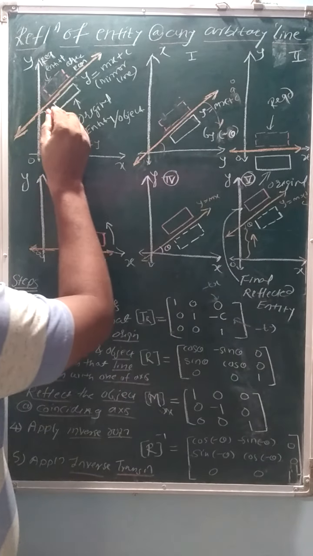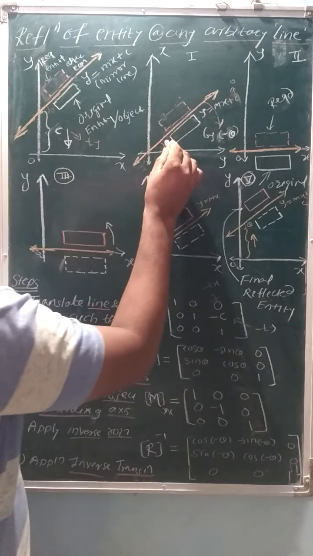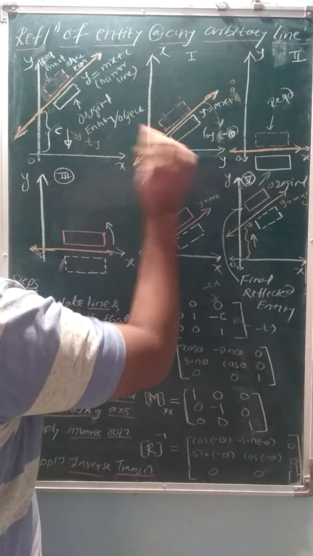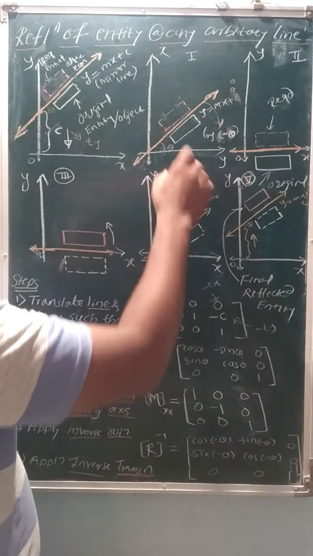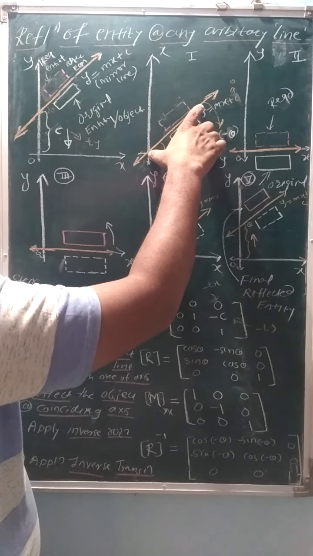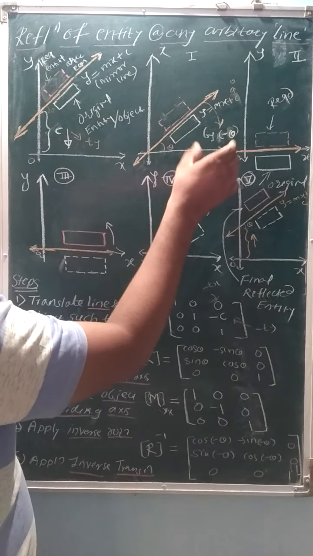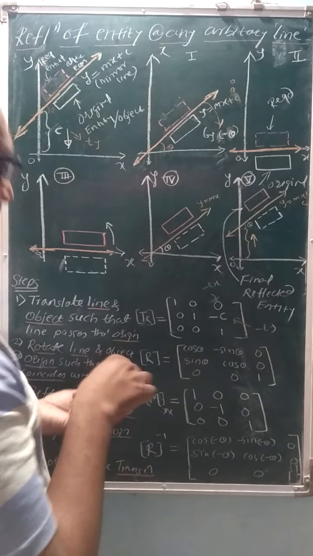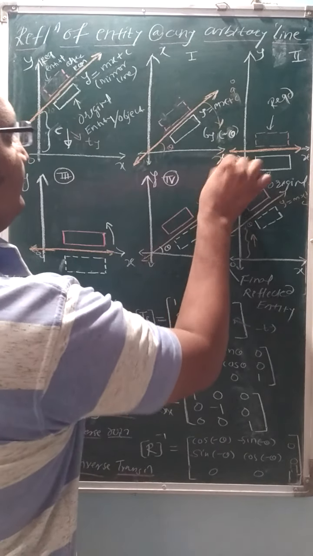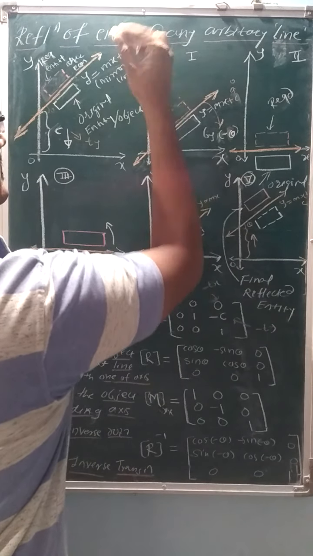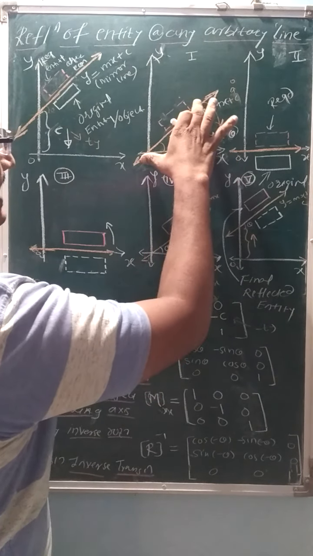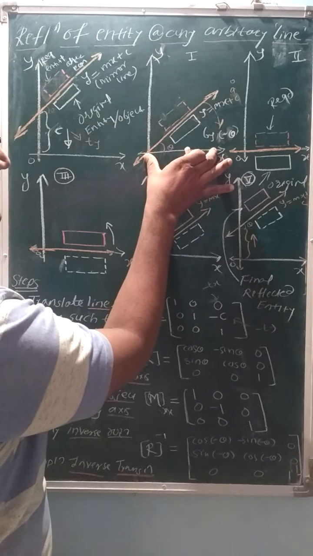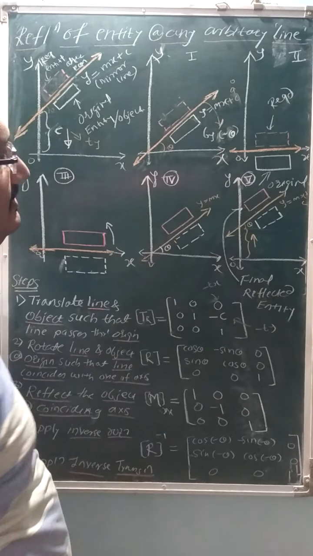The existing orientation of the line is theta. Now we are rotating this particular line about the x-axis, so that this line will coincide with the x-axis.